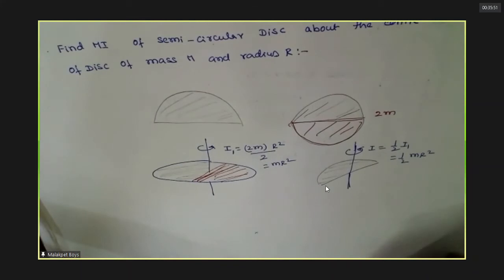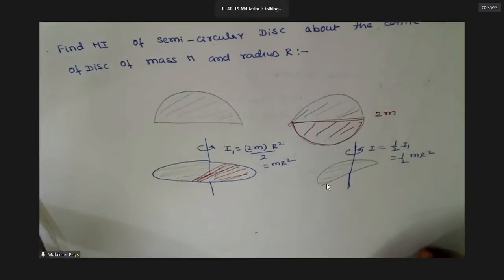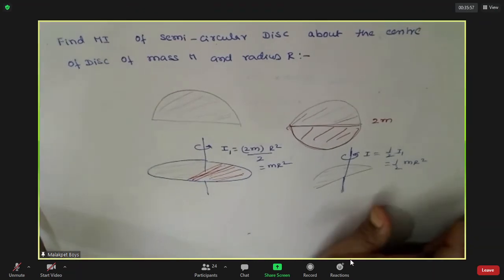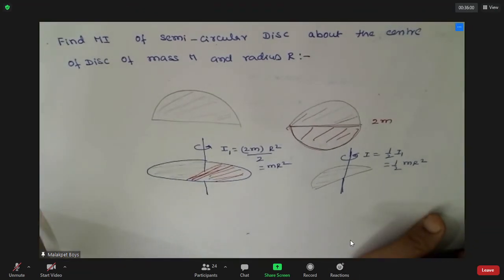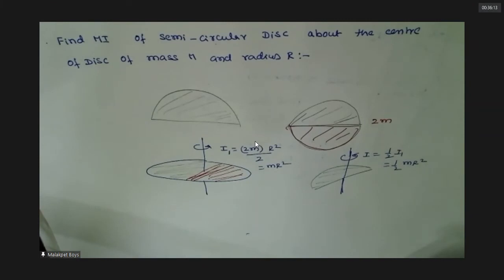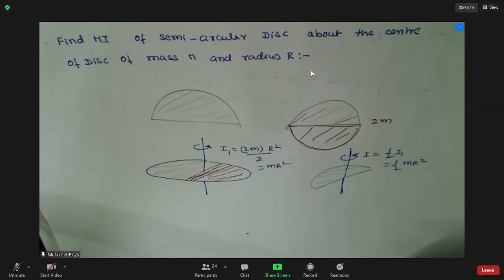Whole disk, how much did you get? Whole disk MR square, sorry. MR square by 2.